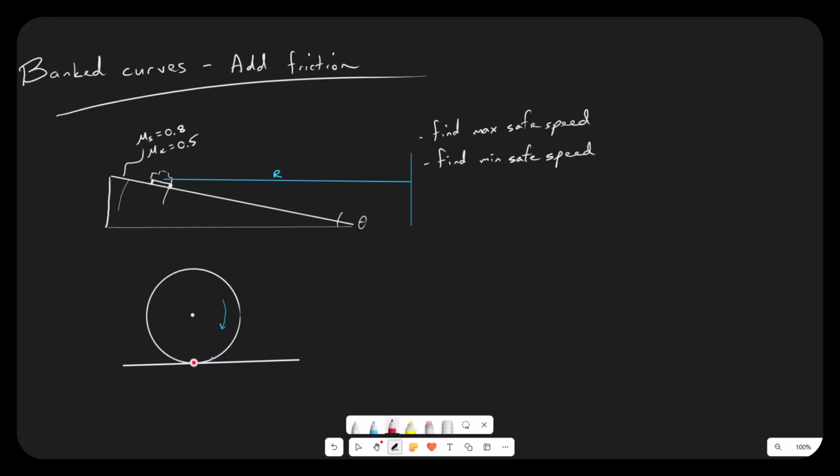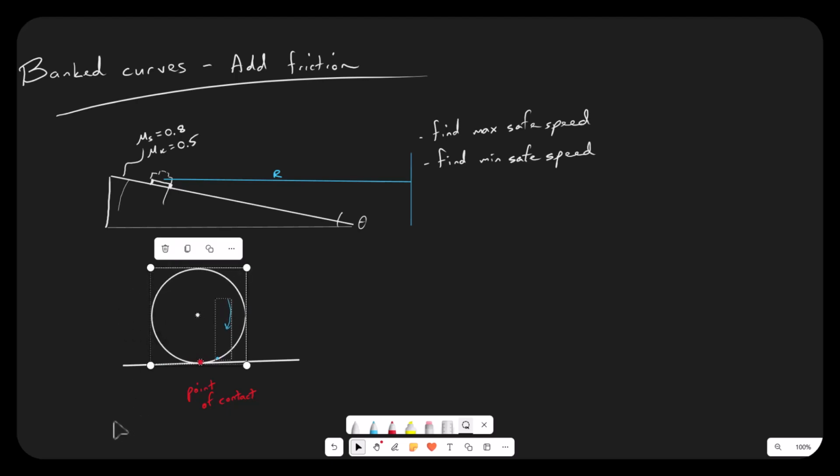When that spot's here, it's in contact with the ground. So I'm going to call this a point of contact. That point of contact is not moving relative to the ground. I'm not taking my whole wheel and sliding it and skidding. I don't have that. What I have is a spot that stays in the same spot relative to the ground.